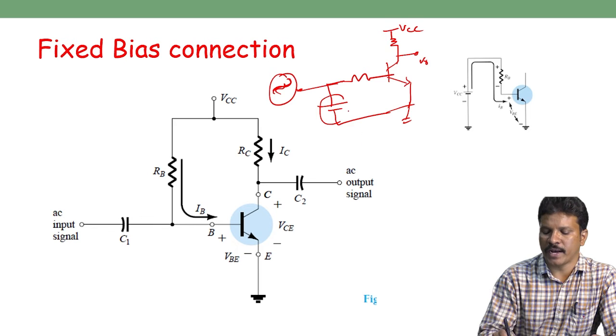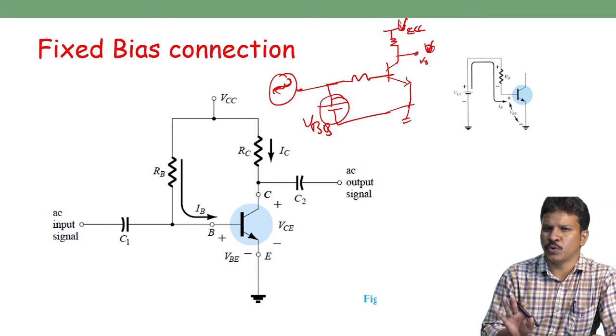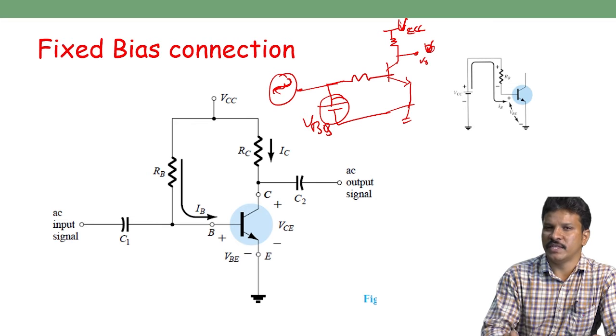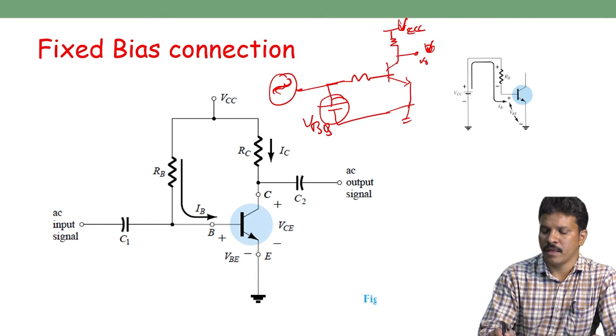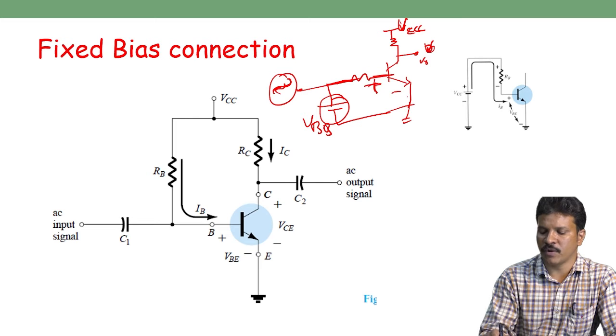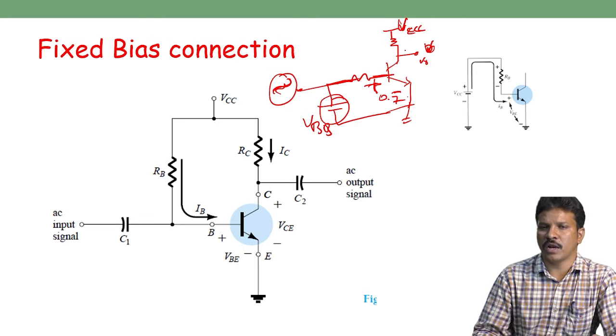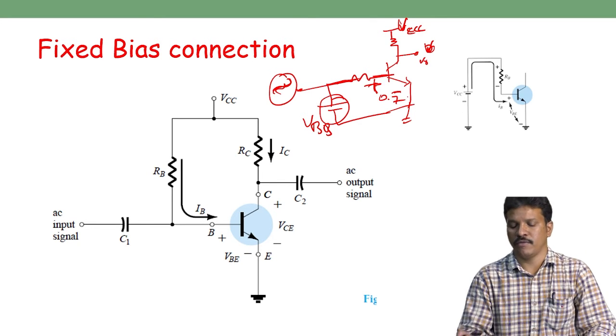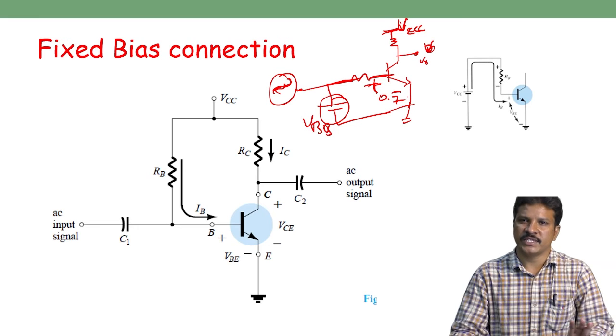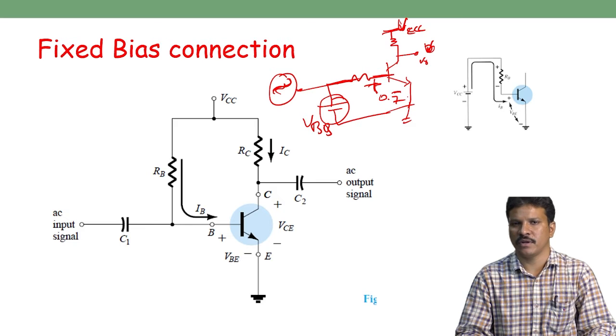If I provide two batteries, VBB and VCC, these two batteries fix the operating point. To turn this transistor on, we must provide a supply to the base terminal so that the base to emitter voltage is greater than 0.7 volts. And to operate the output side, we provide VCC. This fixing of voltage at the input side and output side is called a fixed bias connection.